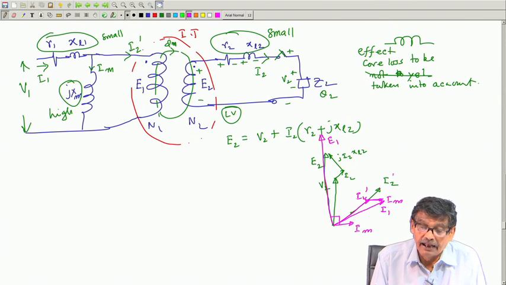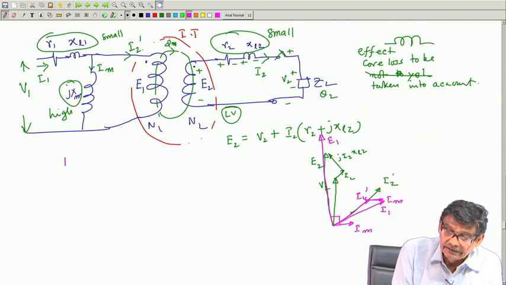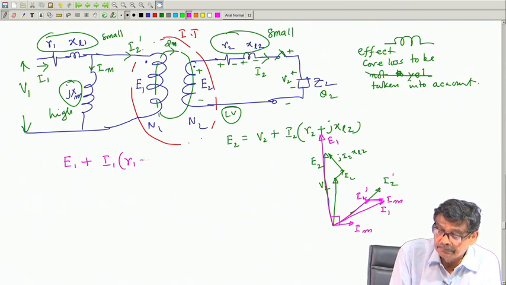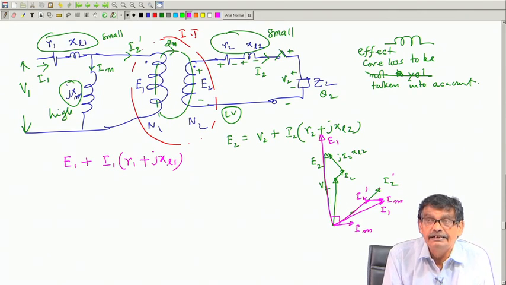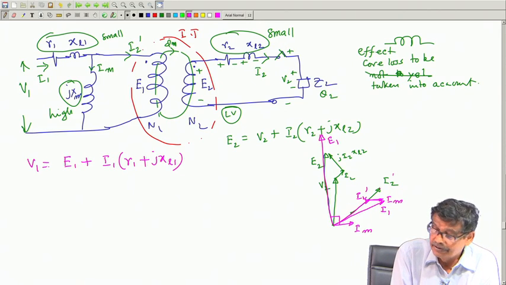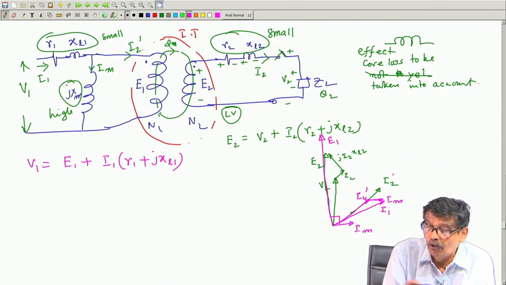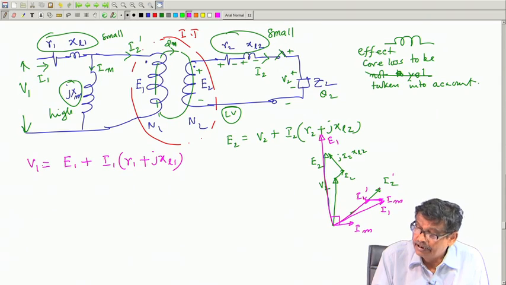and if you get I1, then to E1, if you add these two drops, I1 into R1 plus jXl1, small l indicates leakage reactance drop, and this must be your V1. My target is to show all the variables. So, E1 I have reached.